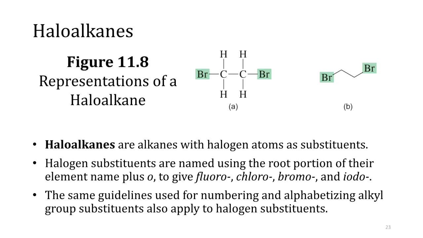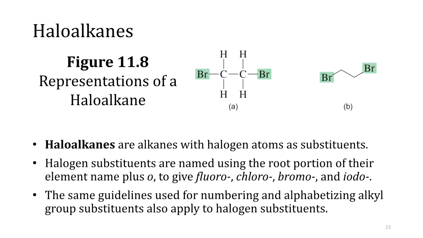Haloalkanes. As we said before, we can replace the hydrogens with halogens, and these are very important compounds. You see them all over the place. Chloroform, dichloromethane, CFCs, halons. A lot of very important compounds are haloalkanes. And so we've got halogens substituting for the hydrogens.